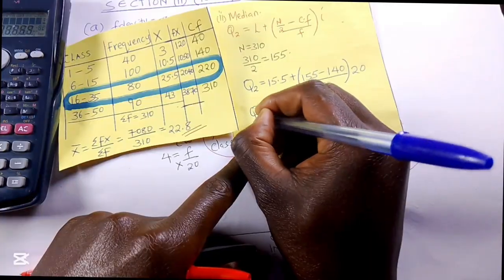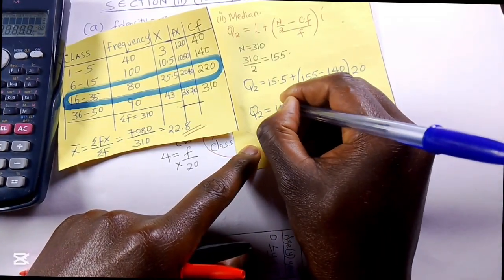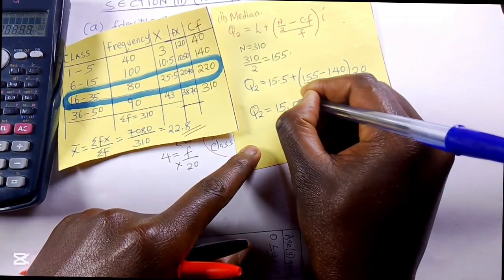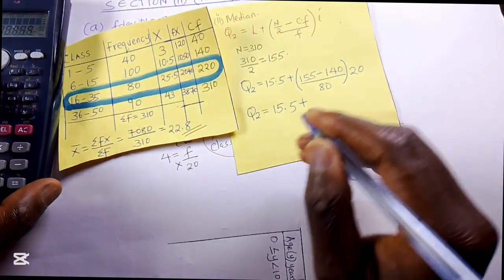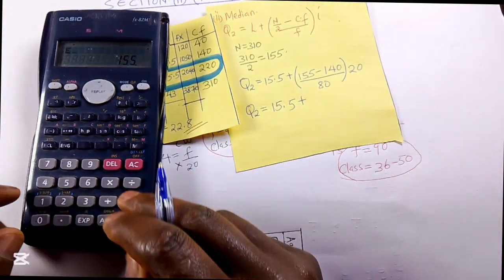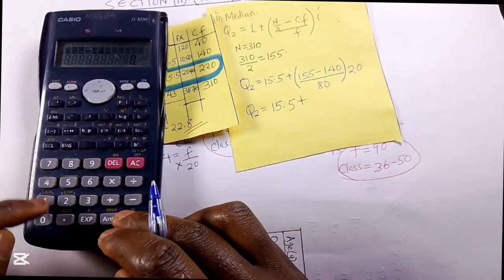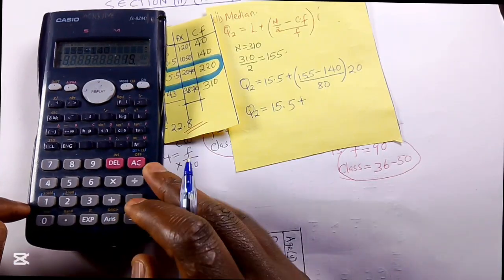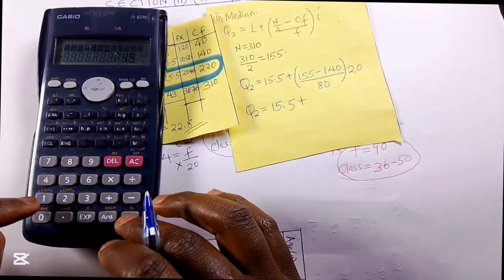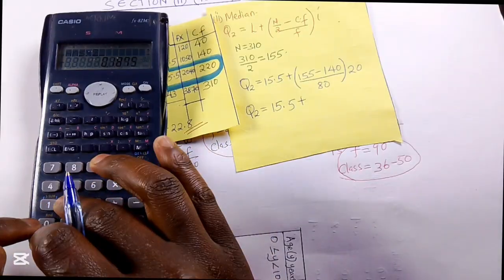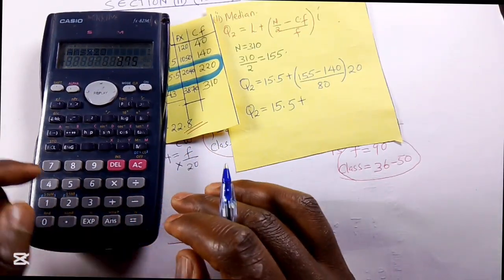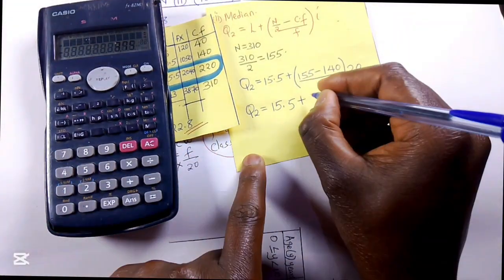So our Q2 or our median is 15.5 plus, so we will take 155 minus 140, then we divide by 80, then multiplied by 20, and we have 3.75.